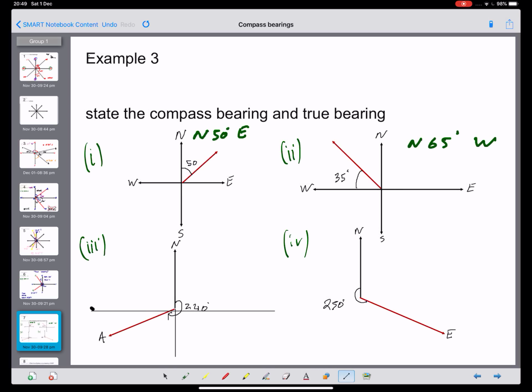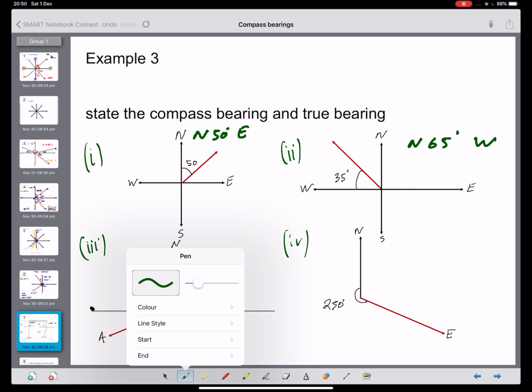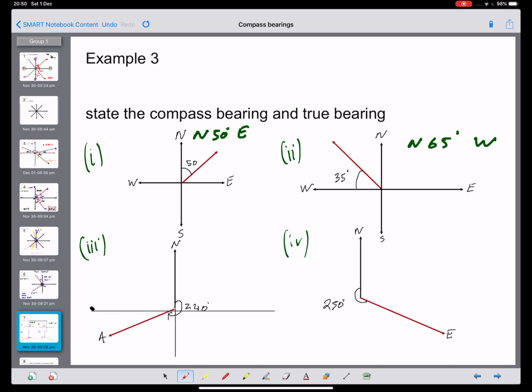Okay, so we're told that this is 240, but we know that, let's do this in red, from there to there is 180. So if this is 240, we know from there to there it's going to be 60 degrees.